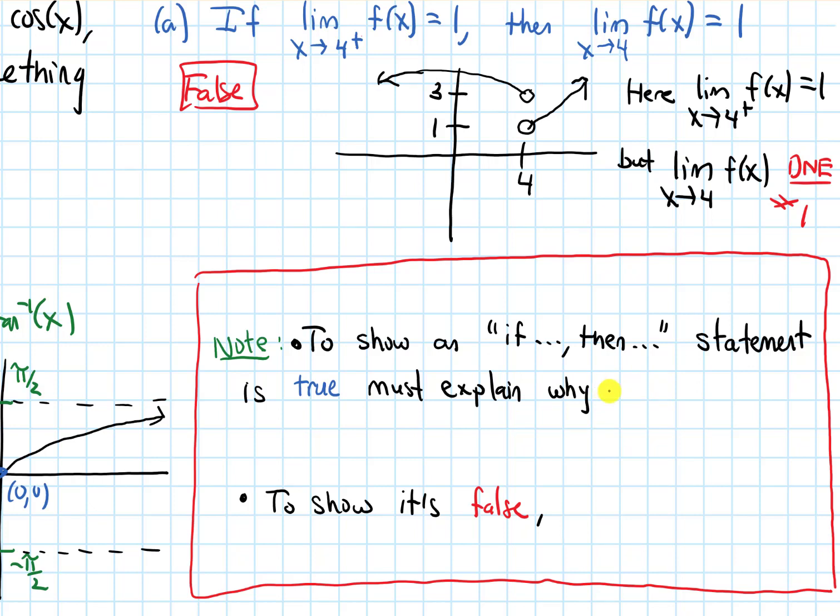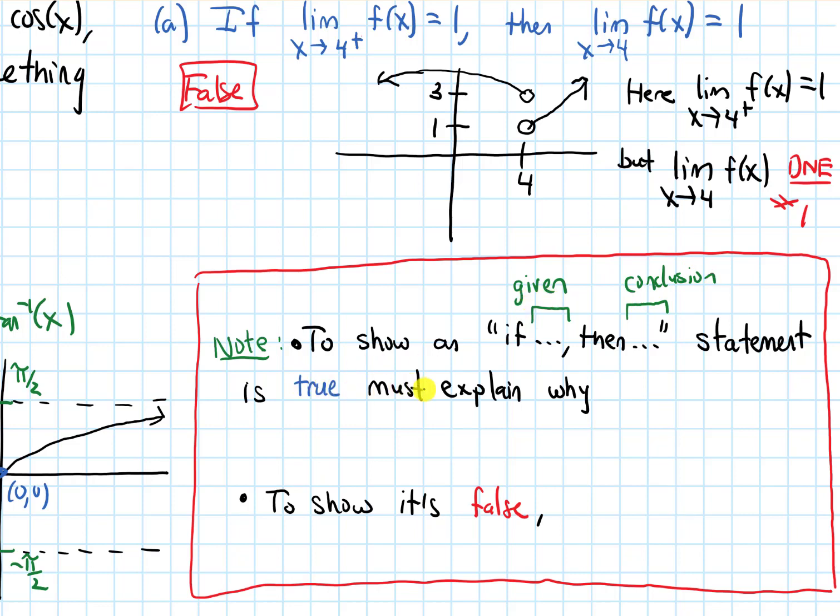Now I'm going to introduce some terminology. The if portion of an if-then statement, I usually call the given. Or if there are multiple parts to the if portion, I call it the givens, plural. And what follows the then, I call the conclusion of the if-then statement.